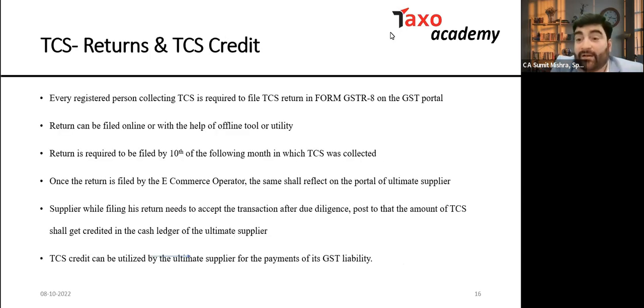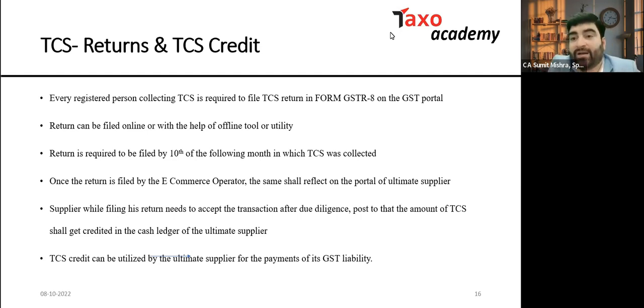TCS returns and credit. Like in case of TDS, there was form GSTR 7, which a person deducting TDS has to file. Similarly, in case of TCS, just to pass on the benefit of the tax collected, there is a return, GSTR 8, which a TCS registered person has to file by 10th of the following month.